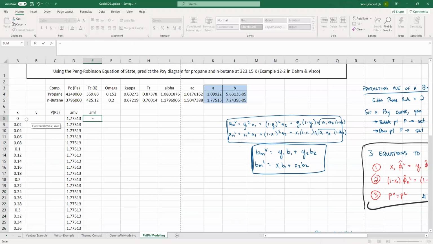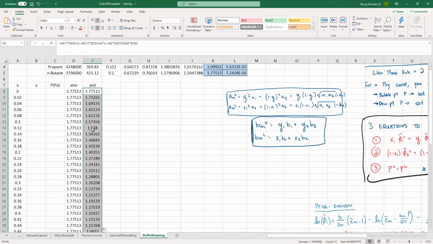AM for the liquid phase is x1 squared times a1 plus 1 minus x1 squared times a2 plus x1 times 1 minus x1 times square root of a1 times a2. And this one should be correct, right? Yep, so this one is going to change as I go down.